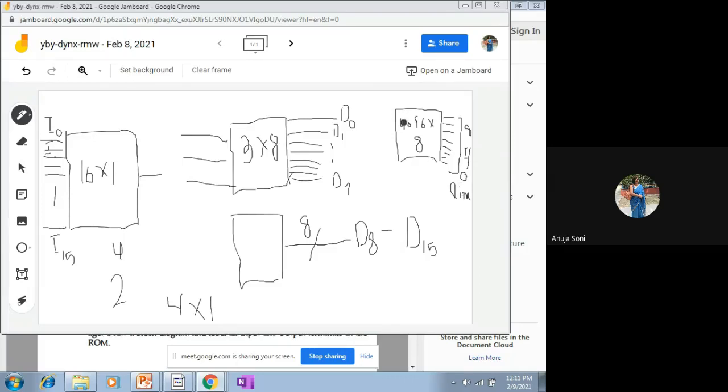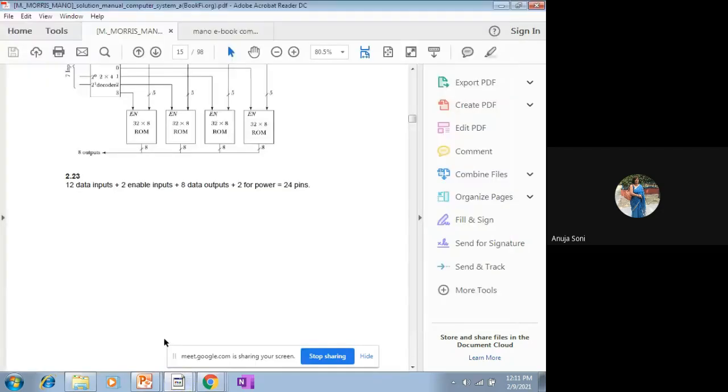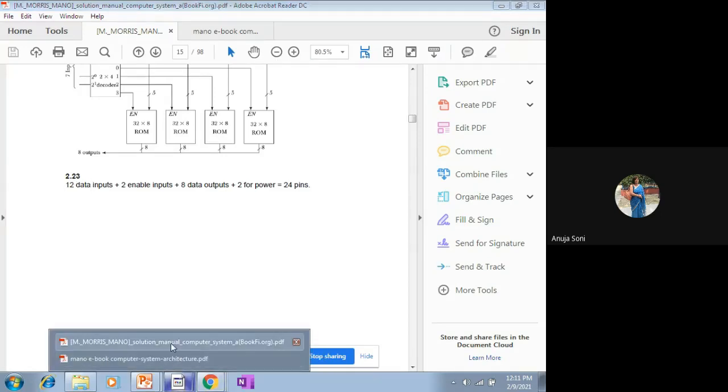Right? And how many address lines? Whenever this 4096 is converted into 2 raised to power, that will give your address lines. There will be 8 output lines, and the question asks how many input lines, in the sense of address lines. It will be 2 raised to power 12, so 2 raised to power 12 address lines.